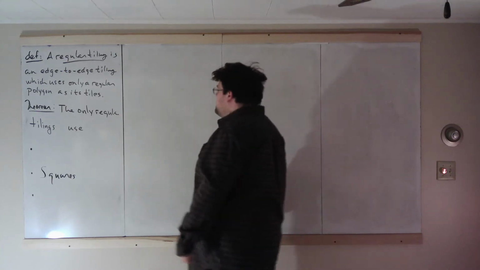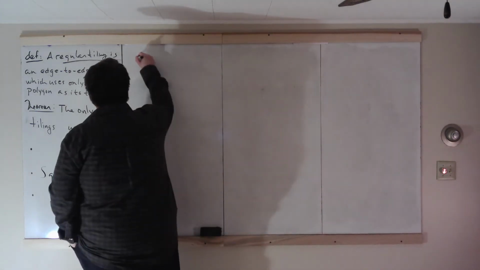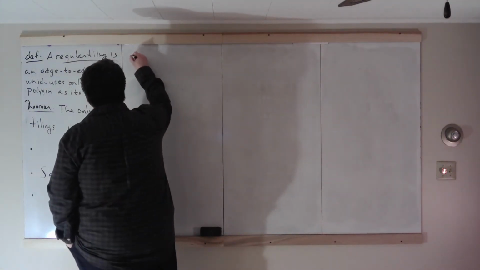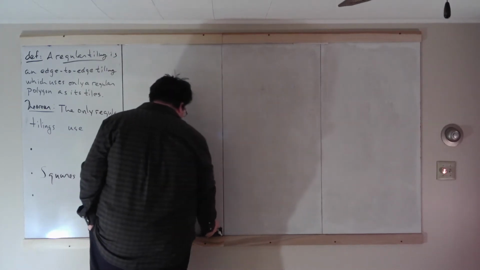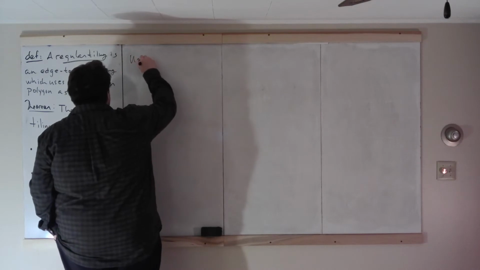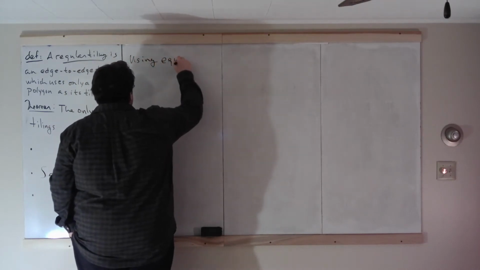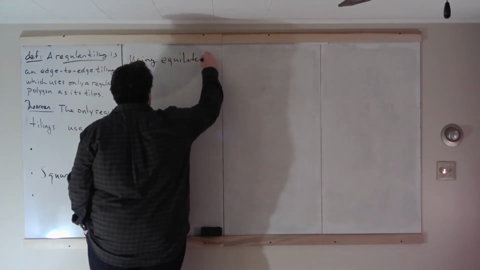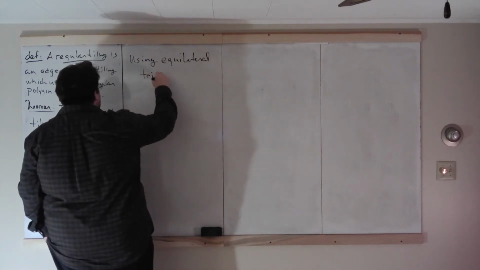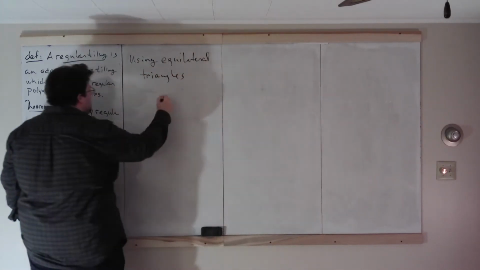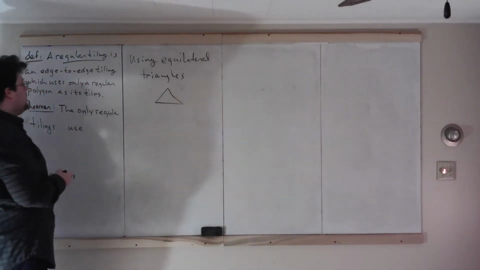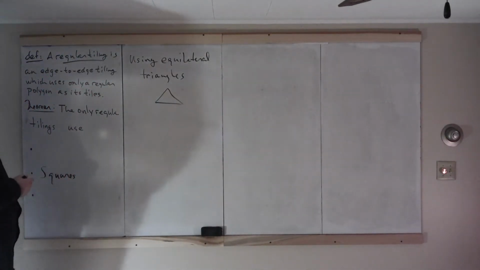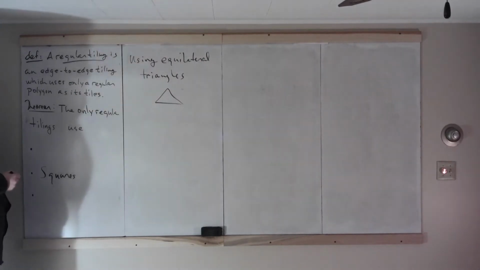Regular 3-gons, what would that look like? Well, a regular 3-gon is an equilateral triangle, a triangle where all sides are the same and all angles are the same.